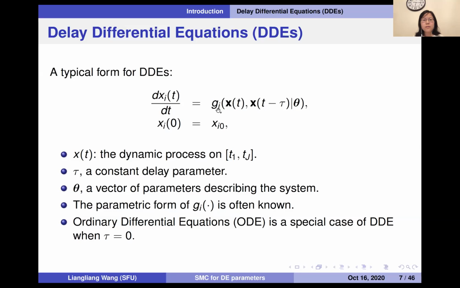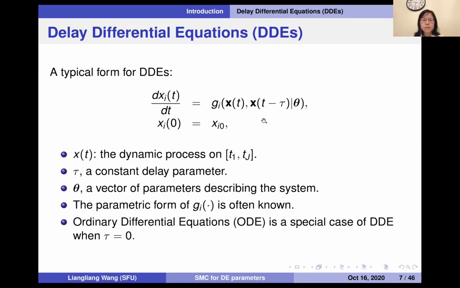Here I'm using g sub i to denote this parametric form, which is related to x of t and x of t minus tau. So you can see it also relies on some history of the process. And this depends on some parameter theta. I'm using the notation theta to denote the vector of parameters describing the system.